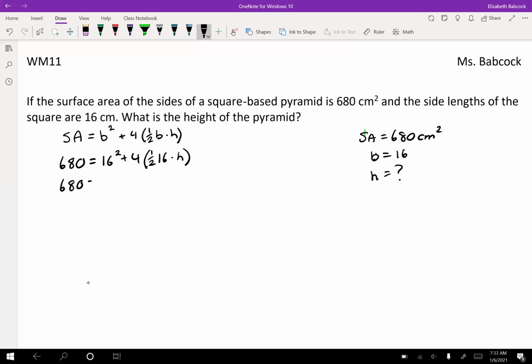So 680 is still the same. We have 16 squared, so 16 squared, 256, plus 4 times half of 16, which is 8, gives us 32H.